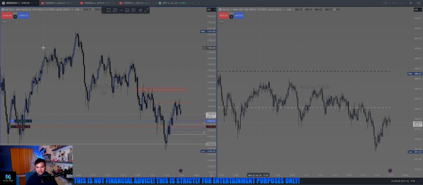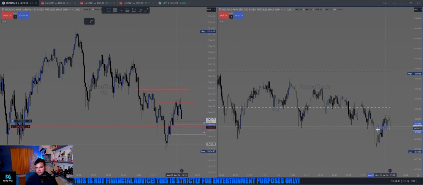Oh, it's being a tough cookie. Yes, it's bouncing off of its fair value gap. So let's see how it stays. If it stays above that fair value gap, it's gonna help me hold Nasdaq.